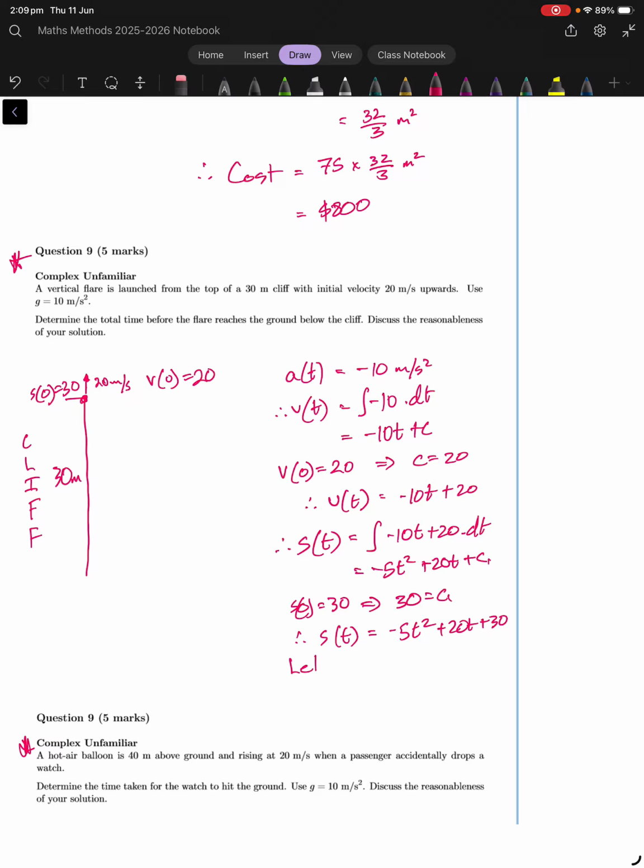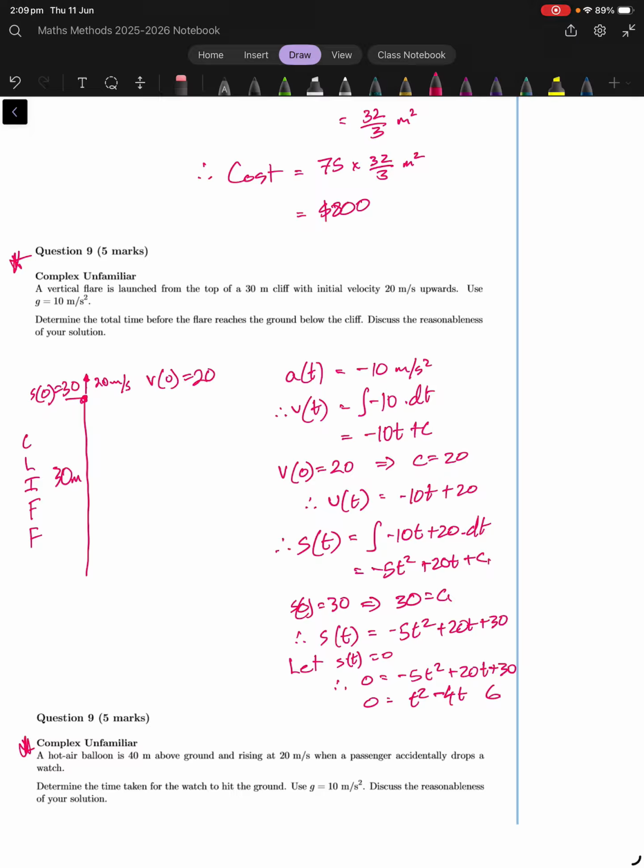I want to know when it hits the ground, so I let S of t equals 0. Negative 5t squared plus 20t plus 30. Divide by negative 5. I divided by a negative, so those signs have to change.